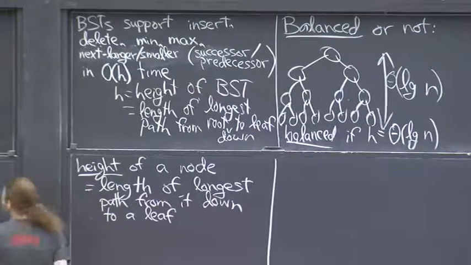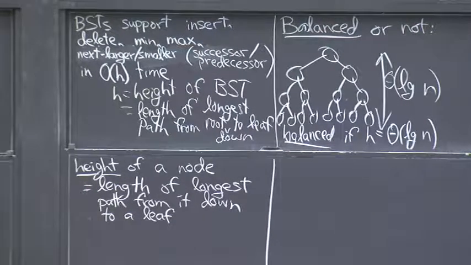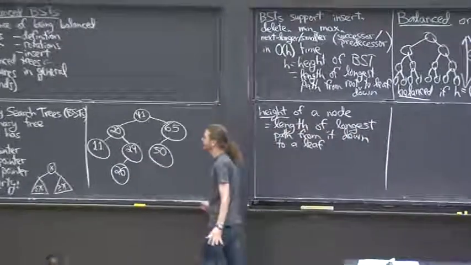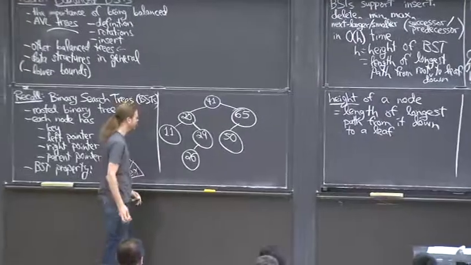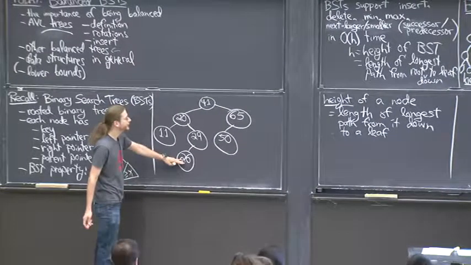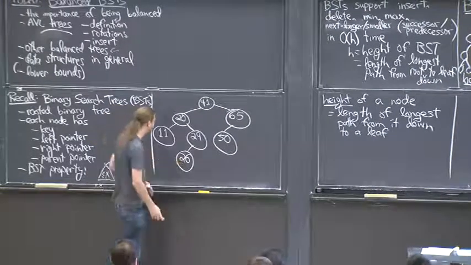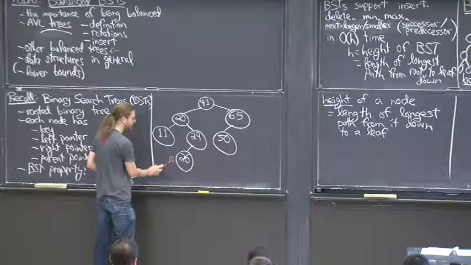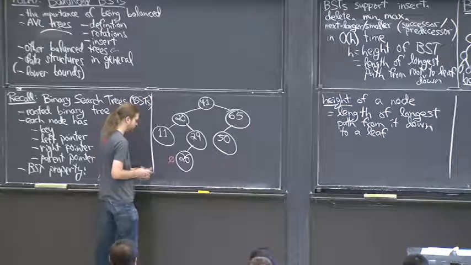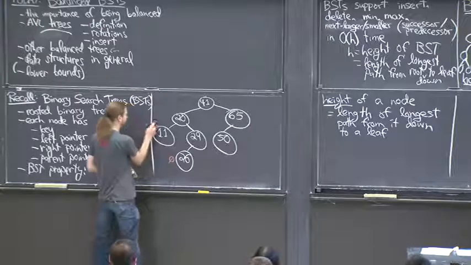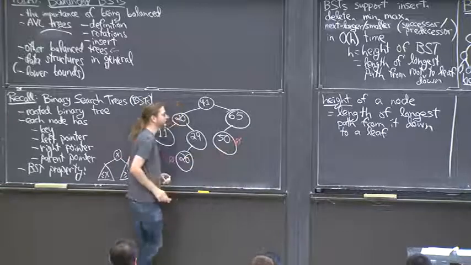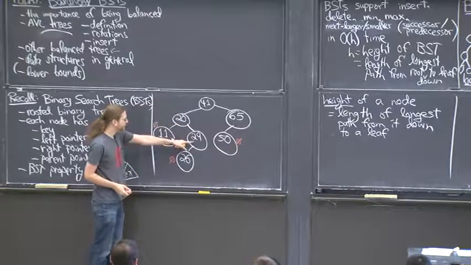All right, so for example, over here, I'm going to write heights in red. If you're taking notes, it's OK, don't worry. The height is the longest path from the node down to a leaf. Well, this is a leaf, so its height is 0. It takes 0 steps to get from a leaf to a leaf. This guy is not a leaf.